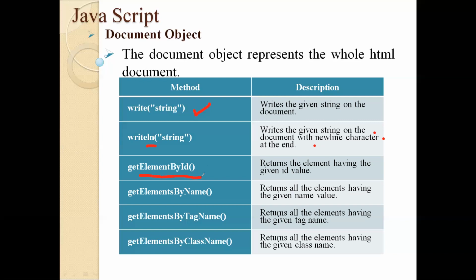People who don't understand the getElementById method can please refer to the first or second session on JavaScript. There I explained getElementById in 2 or 3 programs and how it works. For any element in HTML, we take an ID attribute, and by using the name of that ID, we can change something on the web page.